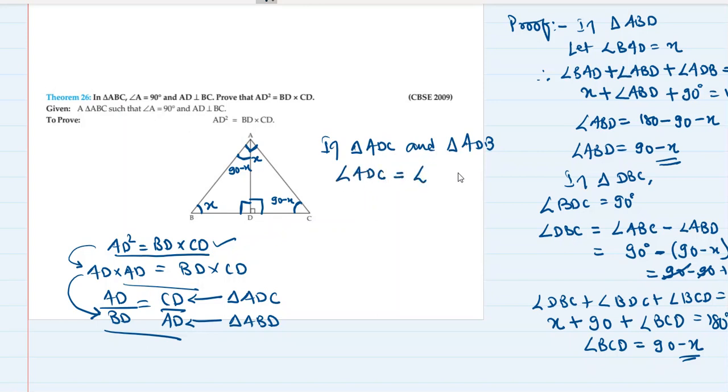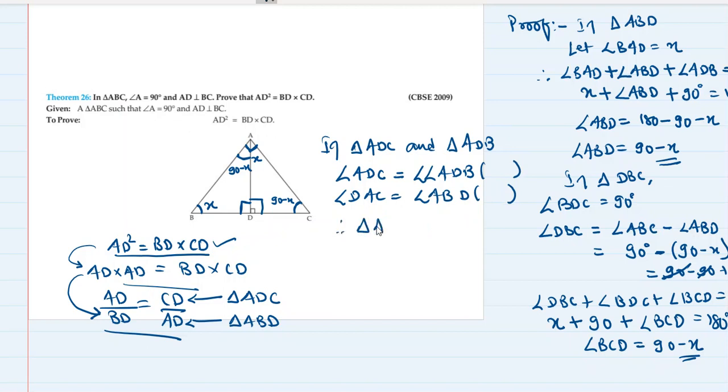Which angle is 90 in triangle ADB? Angle ADB. In triangle ADC, angle DAC is x. Which angle in triangle ADB is x? Angle ABD, right? So this is both 90 degrees, this is both x.